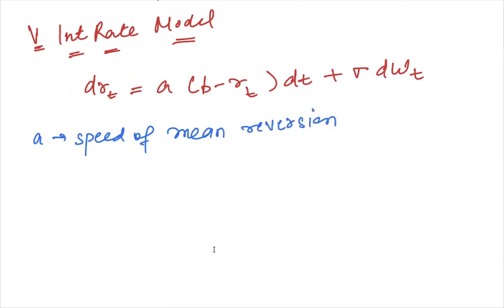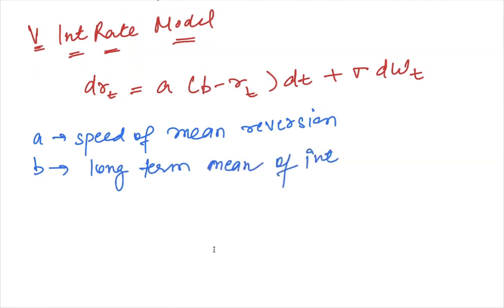This speed can be high or low. B is the long-term mean, or the long-term average of interest rates. Mean or average is just the same thing, okay? So we covered A, B. What is RT? RT is nothing but the interest rate at time T.